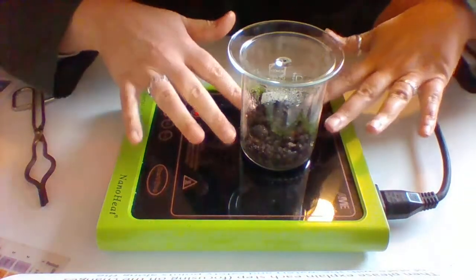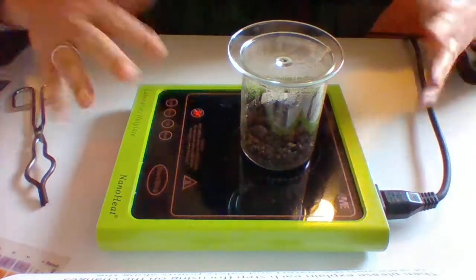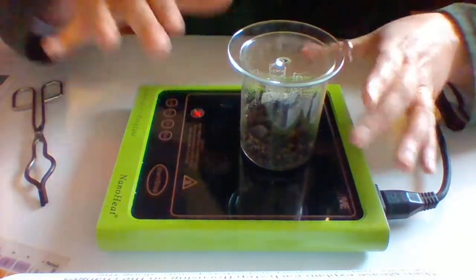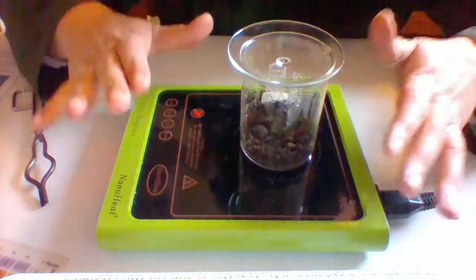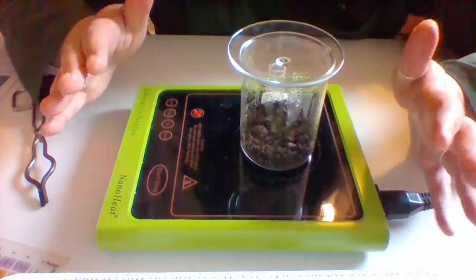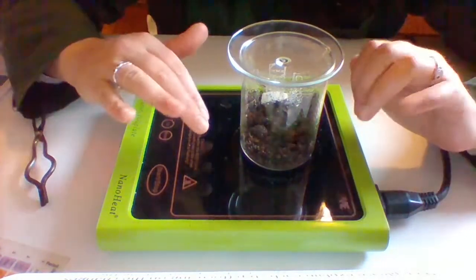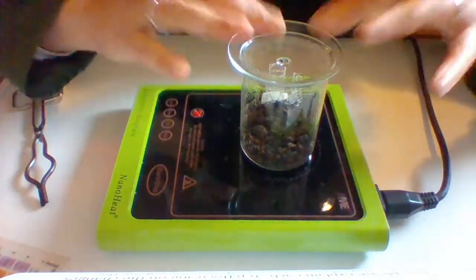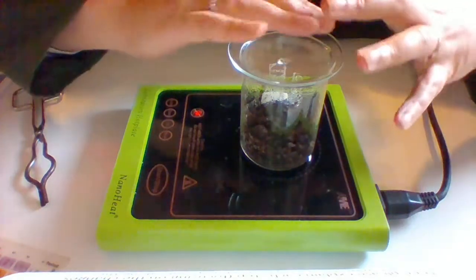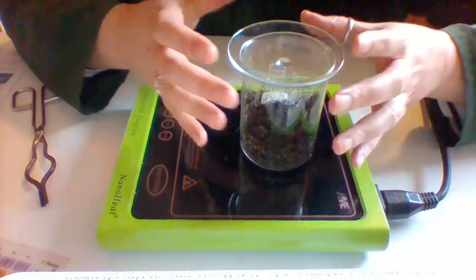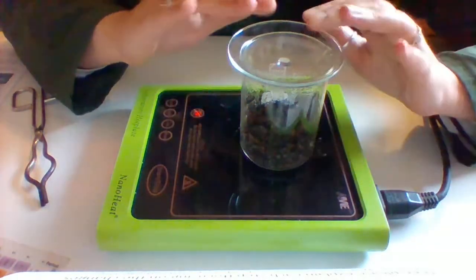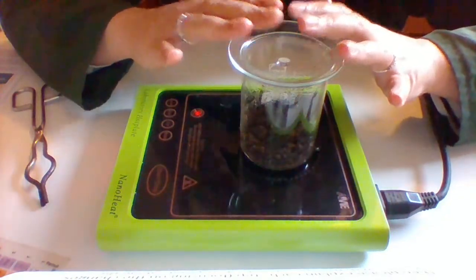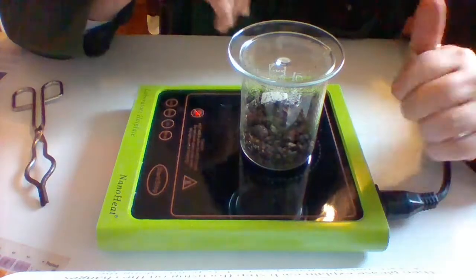It's come out from the soil as a gas because it's heated up, and the liquid water in the soil has turned into steam, which is water as a gas. And that steam has risen up, and then it can't get out because there's a lid on it. So it's been stopped, and then it's turning back into liquid because the temperature of the glass is cooler than the temperature of the hot plate.